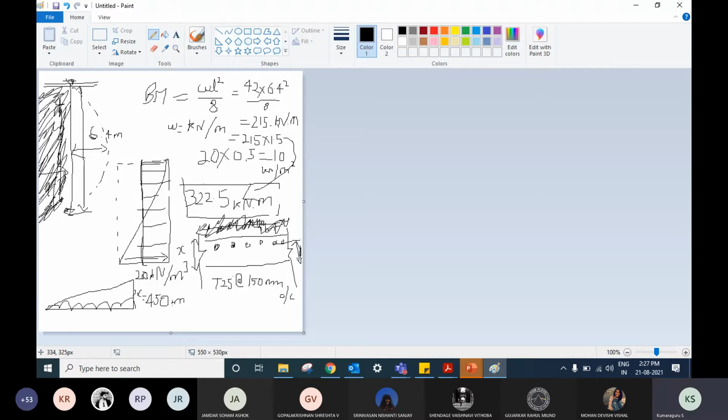In a 1 meter space, which is 1000 mm, divided by the spacing, plus 1, right? Something around 7 rebars I can place, right? 7 rebars, 7 numbers. So that into the area of the individual rebar, pi by 4 into 25 squared. This is the total Ast.